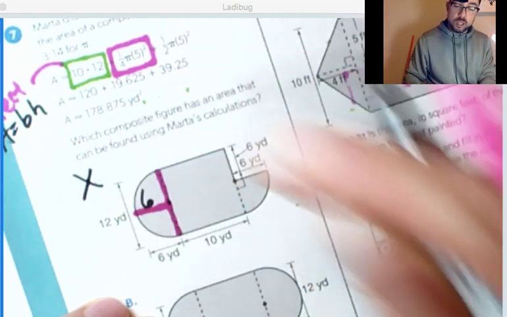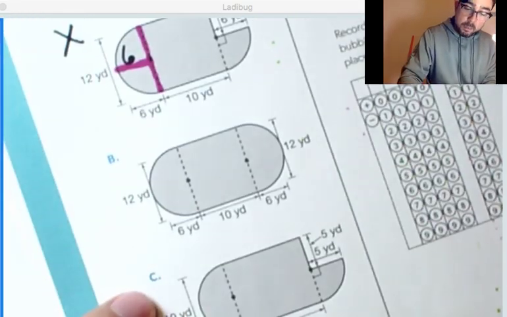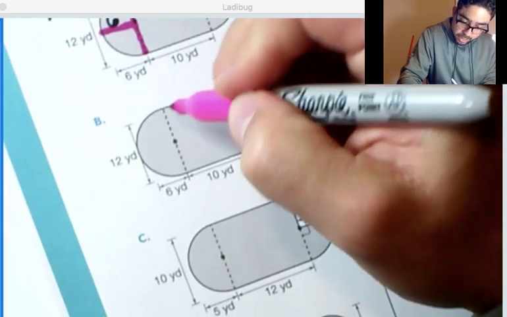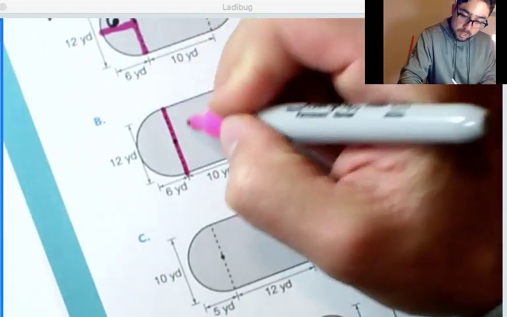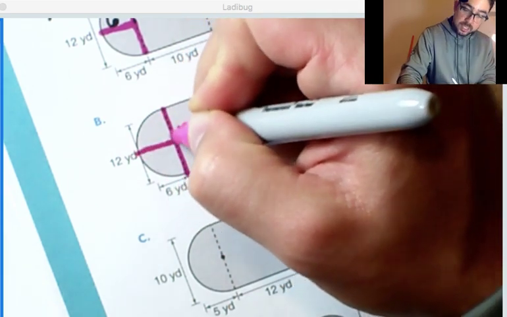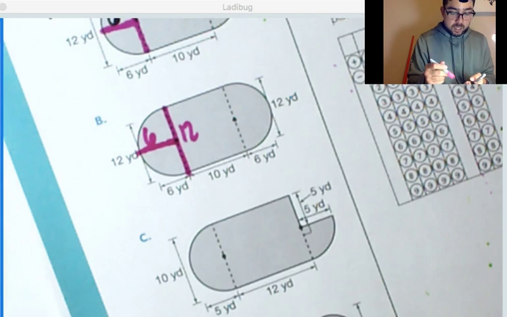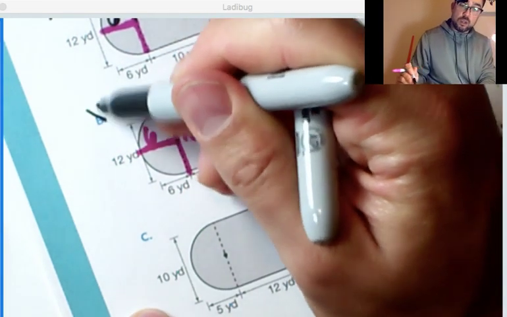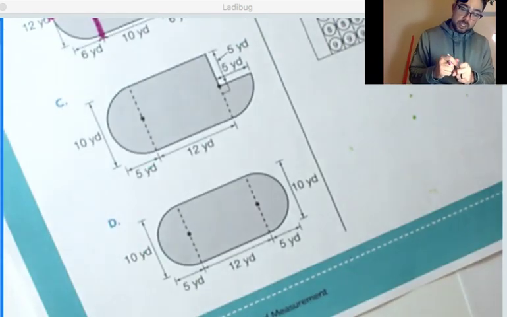A doesn't work. Let's look at B. B again has a diameter of 12, which means the radius would be 6. We can get rid of B because we know that we need a radius of 5, which leaves us with the last two answer choices.